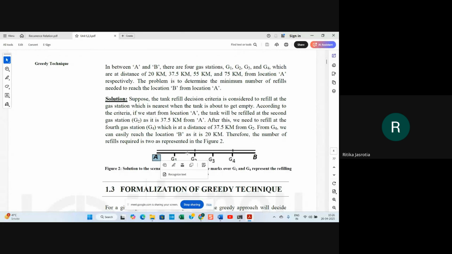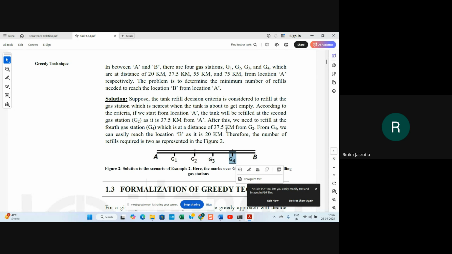So the nearest location from where we can fill, from the start at location A, is G2 first, at 37.5 kilometers. Right. After this, we need to refill at the fourth gas station G4, which is at 75, which is at a distance of 37.5 kilometers from G2. So from G2, G4 is again about 37.5 kilometers.